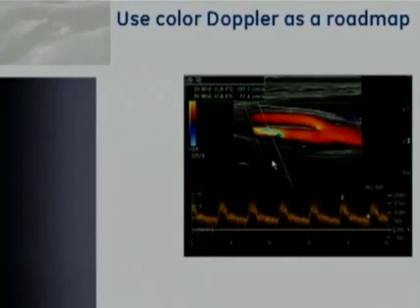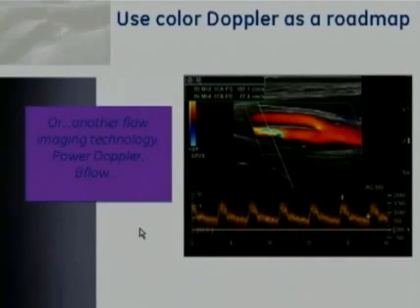So I'm going to look at this and assess for any changes in angulation of the vessel, and clearly there's no change. The vessel is straight. So that means I have to have a higher velocity at this point, and indeed when we sample at that point we can see the velocity is about 190 centimeters per second. So we can use color Doppler in that way to help us.